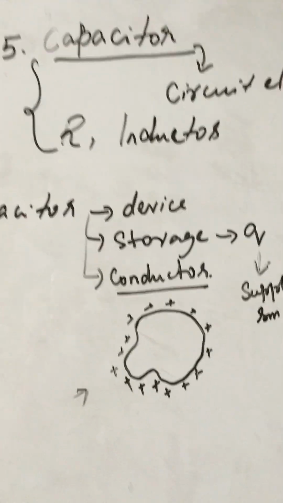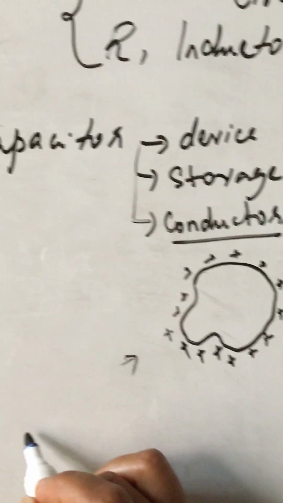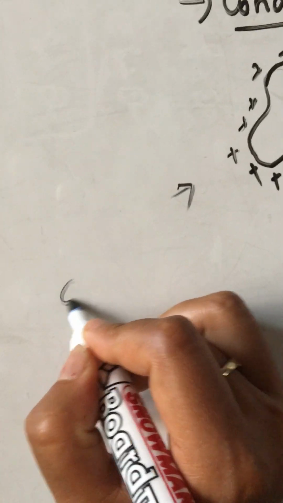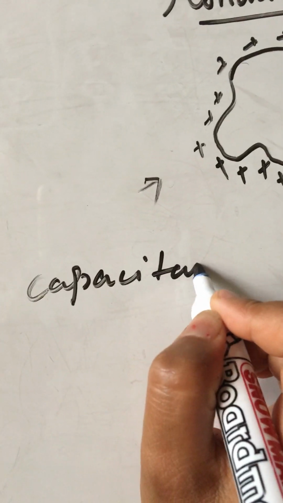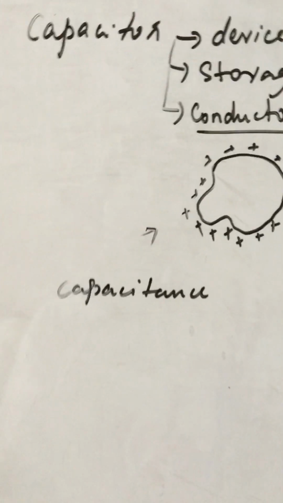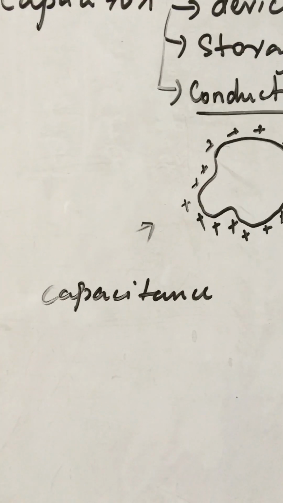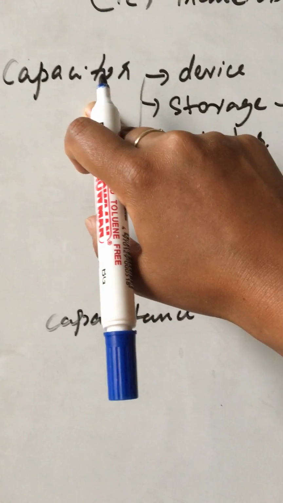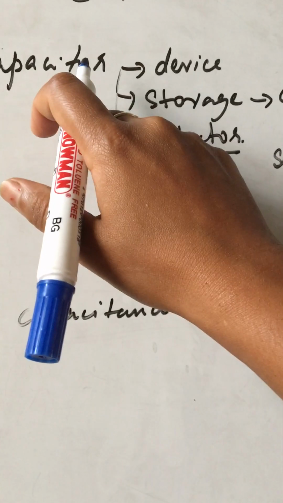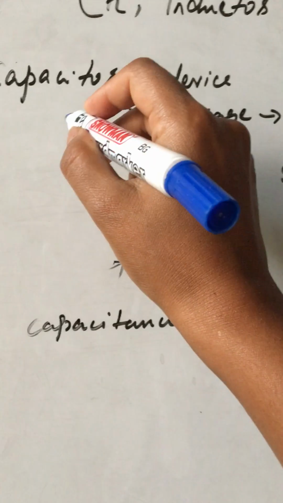After the capacitor, you are going to hear about the term capacitance. Like resistance, which you have learned with resistors. The capacity-holding property of the capacitor is the capacitance.